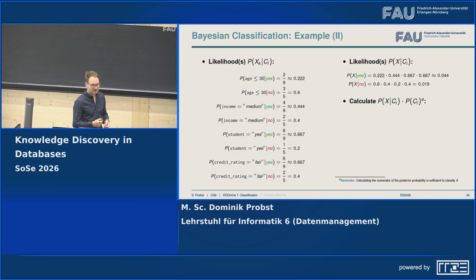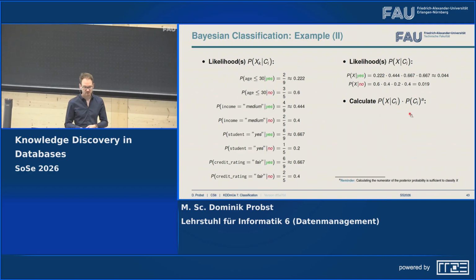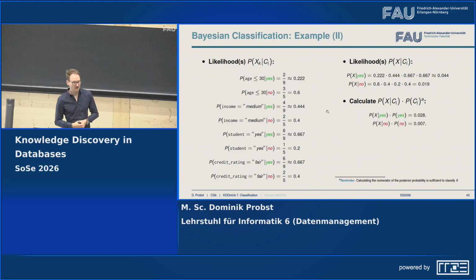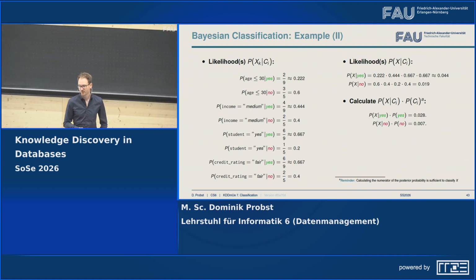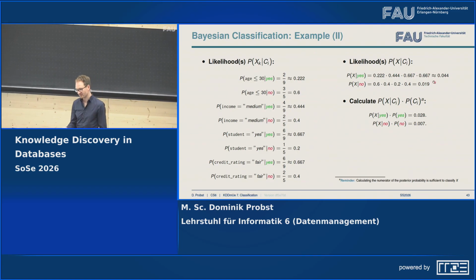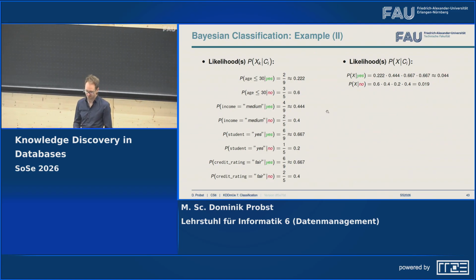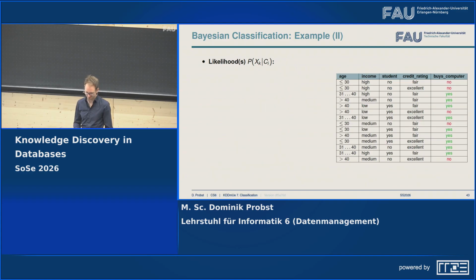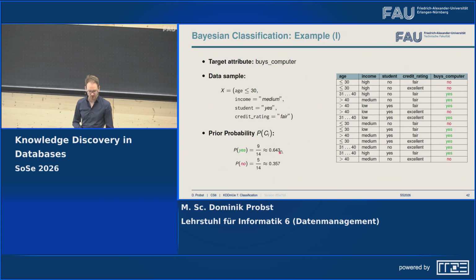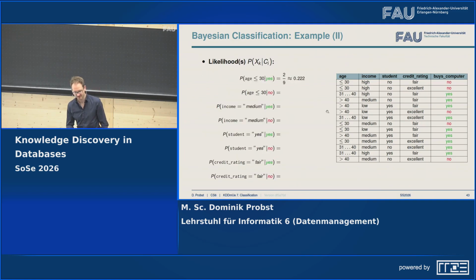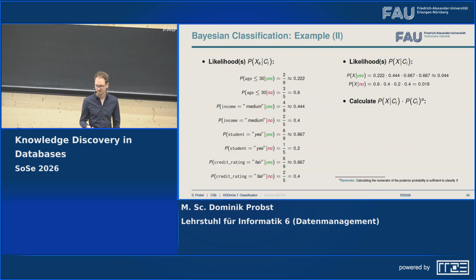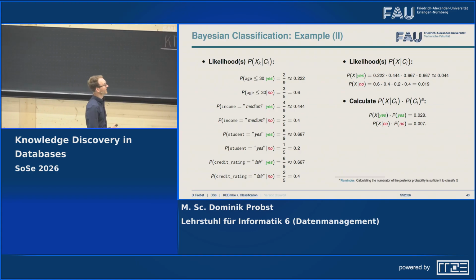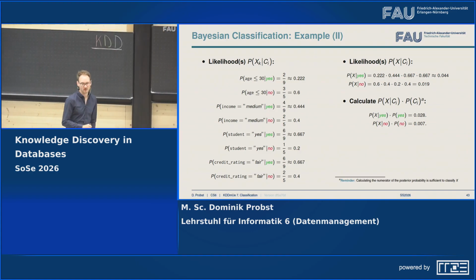And that's simply using the likelihoods times the probability of a class. For the class yes, this would be 0.044 times 0.643, which ends up at 0.028, and for no, we end up at 0.007.